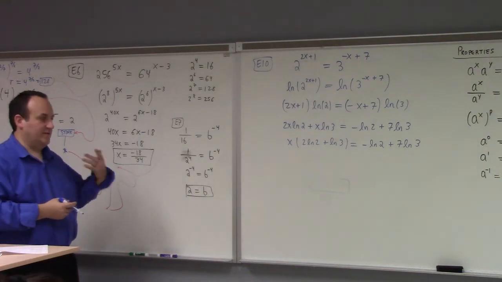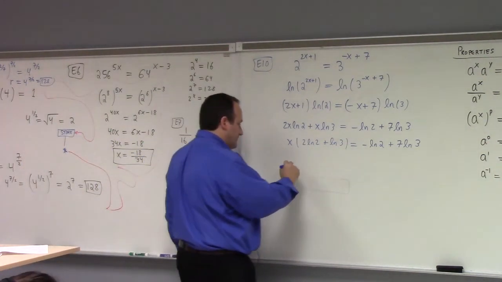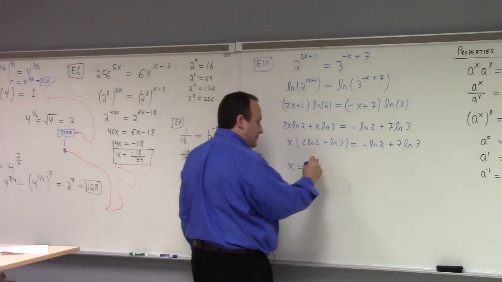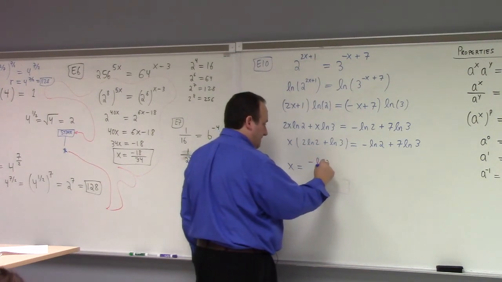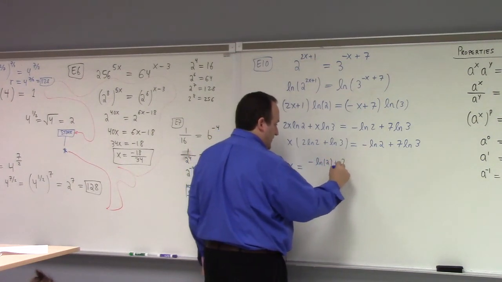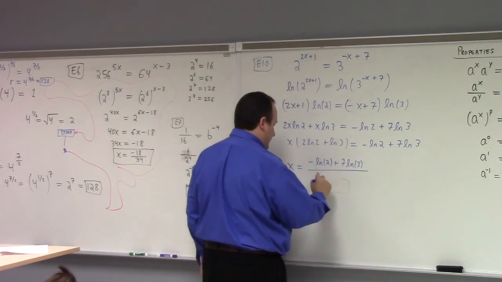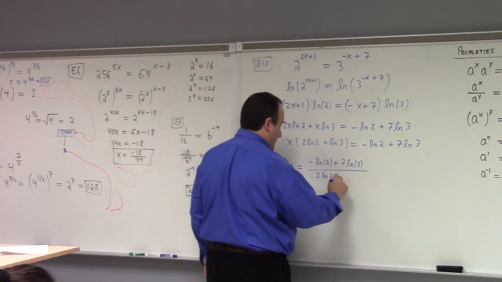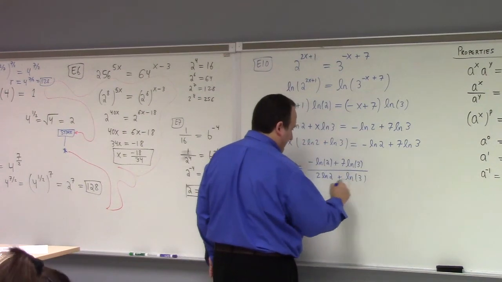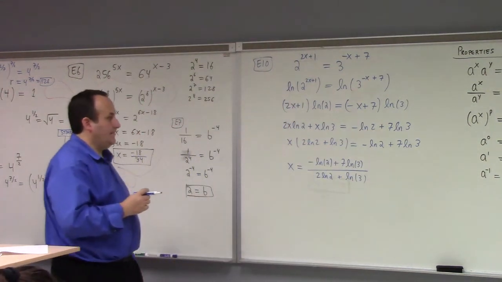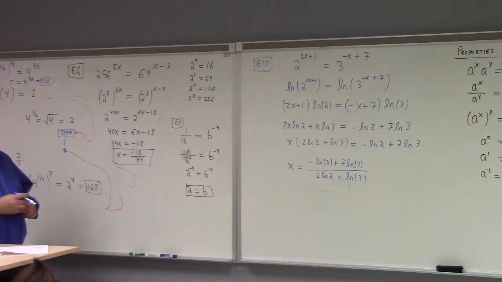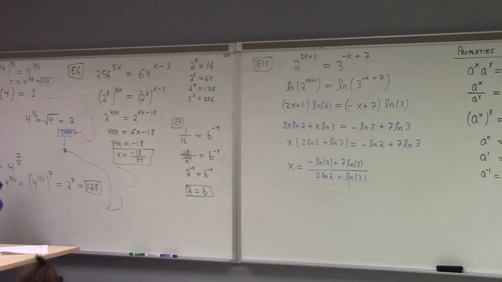And now we solve for x by dividing. x equals minus log 2 plus 7 log 3, divided by 2 log 2 plus the natural log of 3. And that right there is a perfectly good answer.